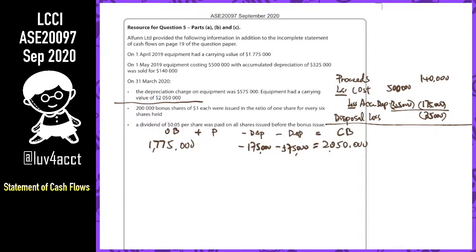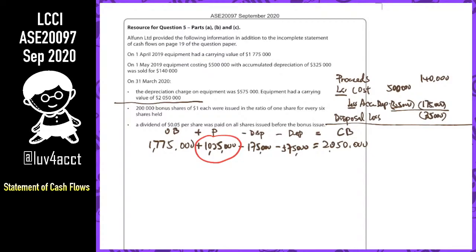We can solve it. 1,775 minus 175 minus 575 plus purchases equals 2,050. Okay, purchases being 1,025,000. This is what we need to find.